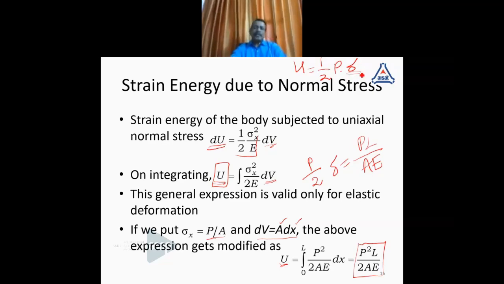The same expression which we studied in MOS is what we are using here. So, strain energy is represented as half of applied normal force into deflection. It is in the case of normal stress when a load is applied along the axial direction.